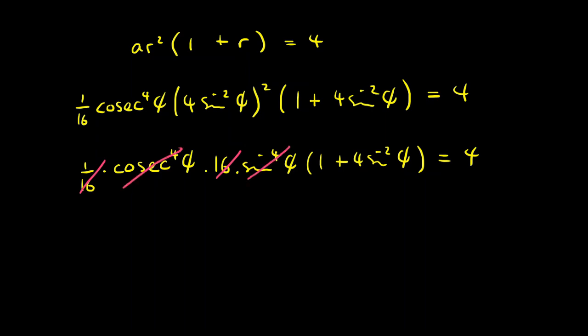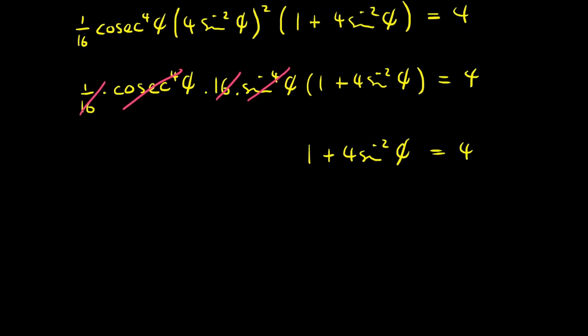Those are going to disappear. So what we're going to be left with here is 1 plus 4 sine squared phi is equal to 4. And so if we were to rearrange that, we're going to get 4 sine squared phi is equal to 3. So sine squared phi is equal to 3 upon 4.